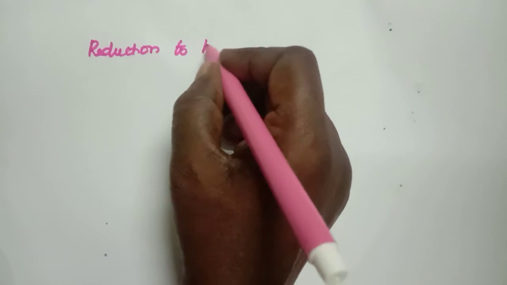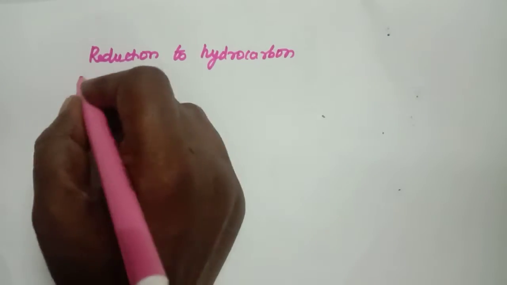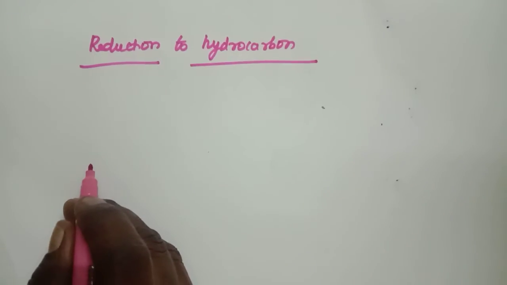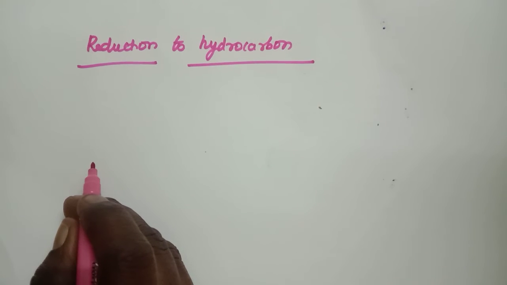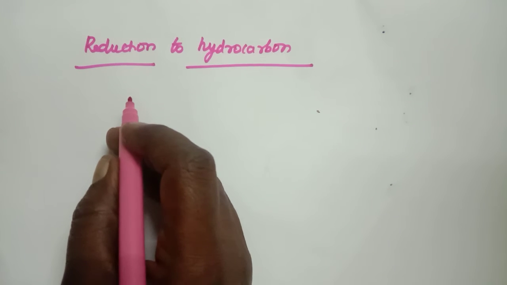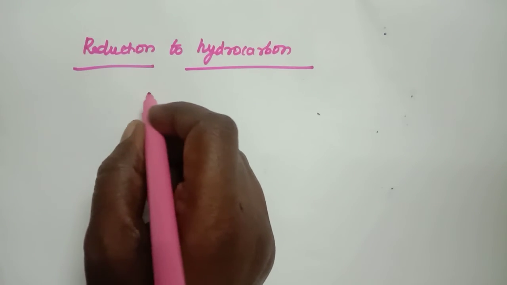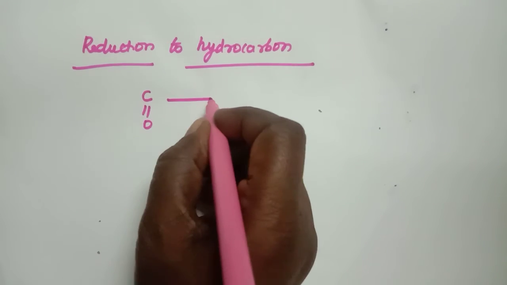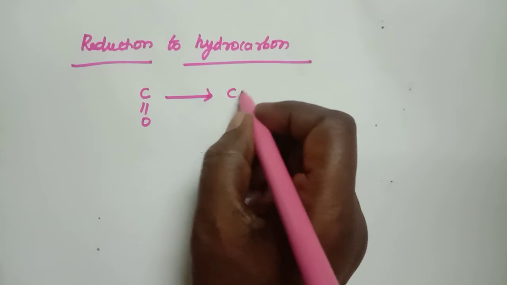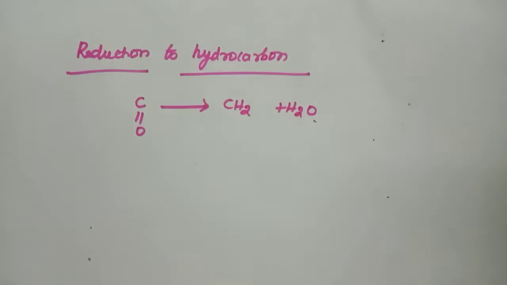reduction to hydrocarbon. Aldehydes and ketones can be reduced to a methylene group under suitable reducing agents to give hydrocarbons. So this carbonyl group can be reduced to a methylene group so that we will be getting a hydrocarbon.